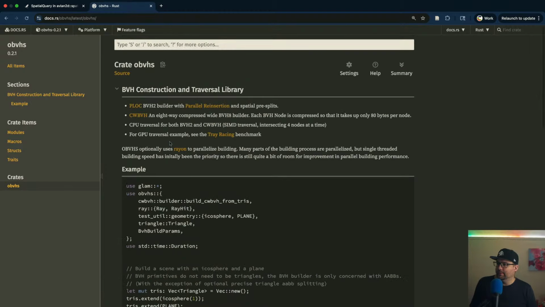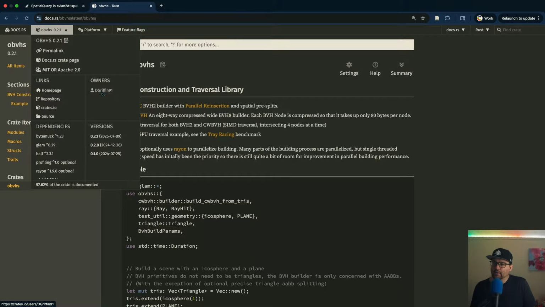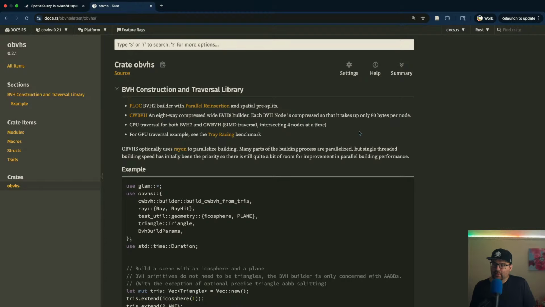What is CW? CW is an 8-way compressed wide BVH8 builder. Each BVH node is compressed, so it only takes up 80 bytes per node. This is like production ready bounding volume hierarchy infrastructure. That's why it's interesting. It's also, I believe, maintained by Griffin. Yeah. And Griffin's somebody who is around in the Bevy community for sure.